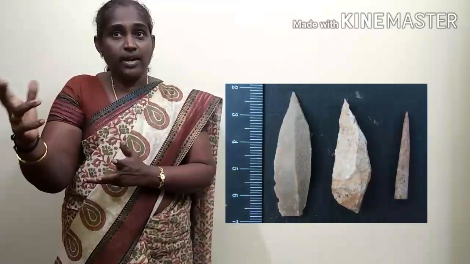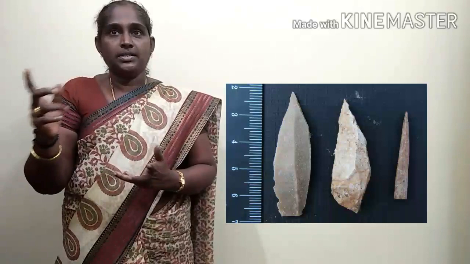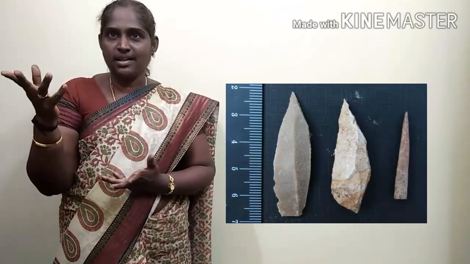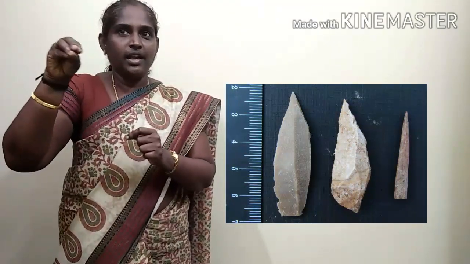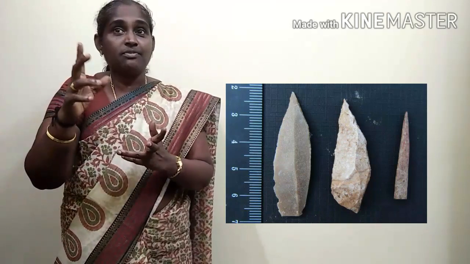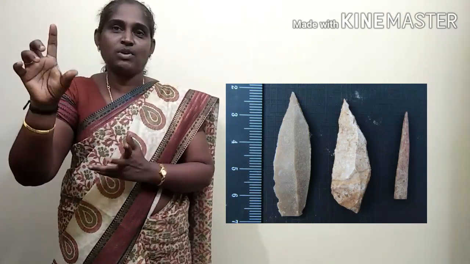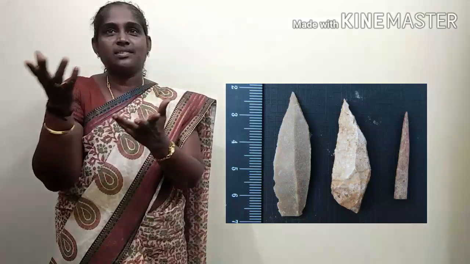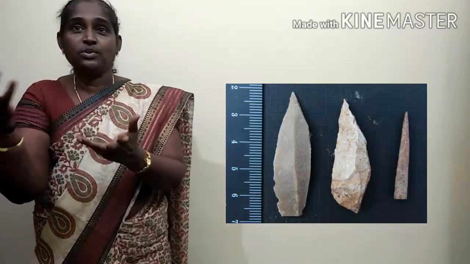They made tiny artifacts, tools modified by human beings, less than 5 centimeter in size, very small. Take your scale and see how 5 centimeter is and how the tools were.